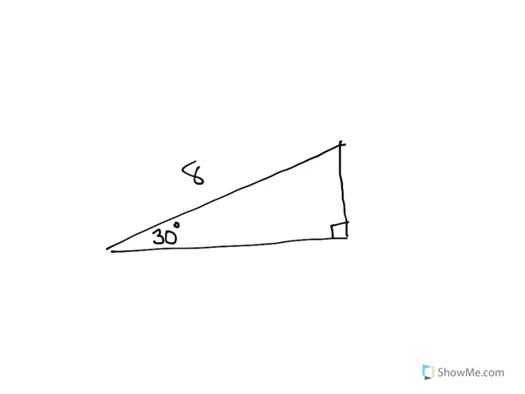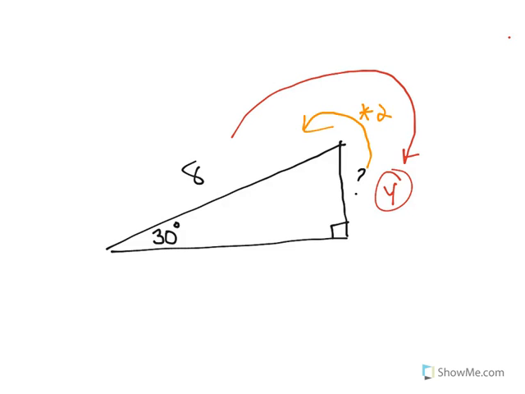So notice they don't give you the short leg, they actually give you the hypotenuse, but we know to get from the short leg to the hypotenuse you're going to multiply by 2 to get there. But we're going to go backwards. We know the hypotenuse, so what's the opposite of multiplying by 2? You're going to need to cut it in half or divide by 2, so this will be 4. So that's going to get you the relationship where this is 4 and this is twice as big, that's 8.